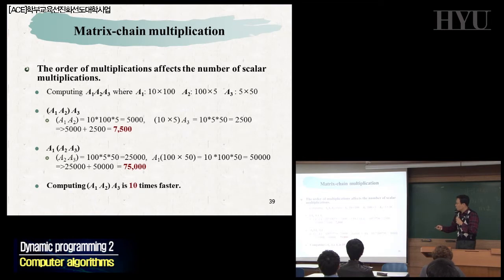So we have to multiply a 10 by 5 matrix and a 5 by 50 matrix. Then the number of multiplications is 10 times 5 times 50, which is 2,500. So in total, it is 7,500 scalar multiplications.